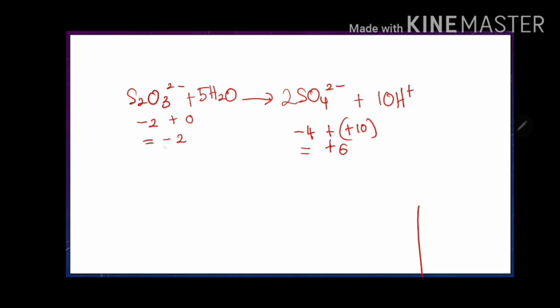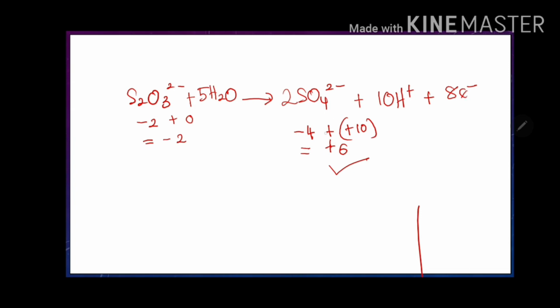Now you must add electron to the side which is more positive. So it is the right side. So how many electrons to be added on the right side to make the charge balance? To make it -2, we add 8 electrons on the right side. Why you add 8 electrons?